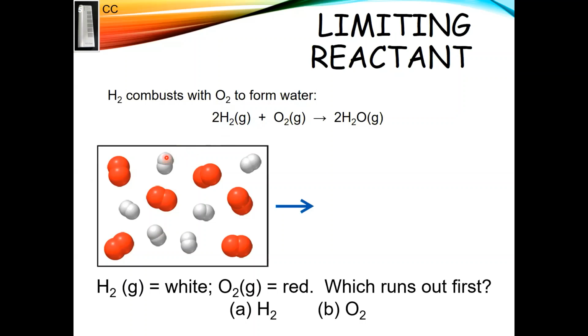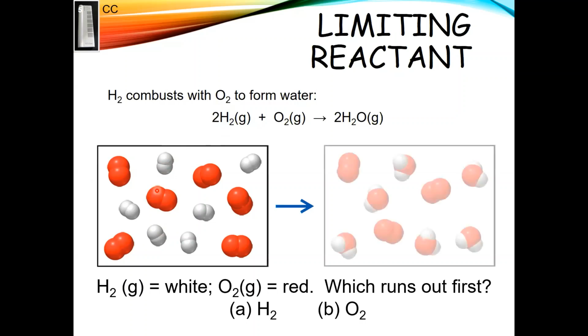Another way of looking at this is for this hydrogen molecule, it has 2 hydrogen atoms, and to make water, both of these hydrogen atoms are going to have to bond to a single oxygen atom. So when this thing is completely reacted, we're going to end up with 1, 2, 3, 4, 5, 6 water molecules, but there's also going to be 1, 2, 3 oxygen molecules left over.